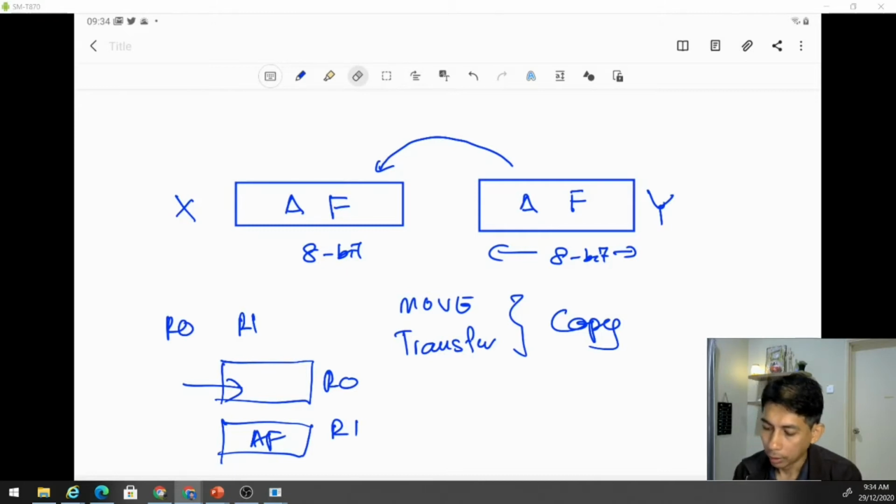So this is how we move the data from this to this, or actually, copy.